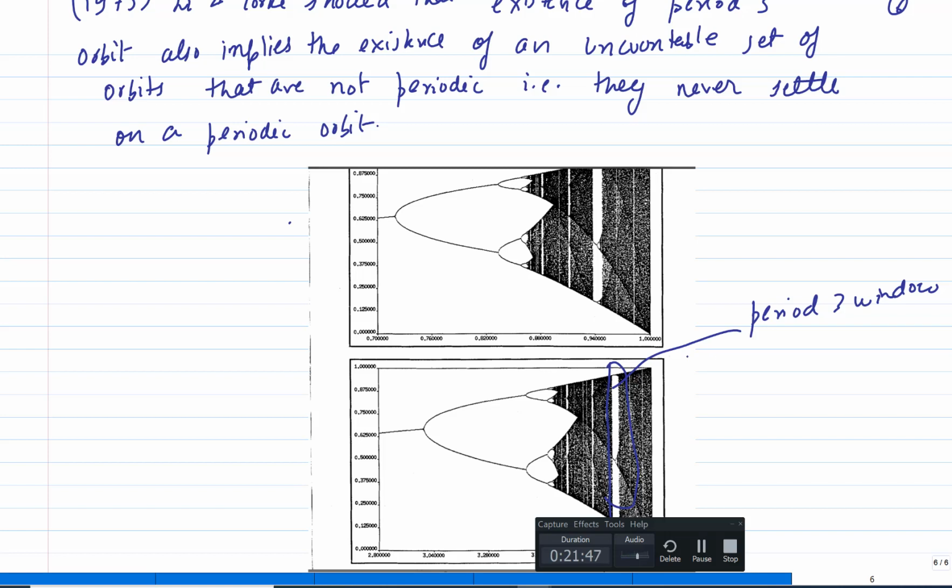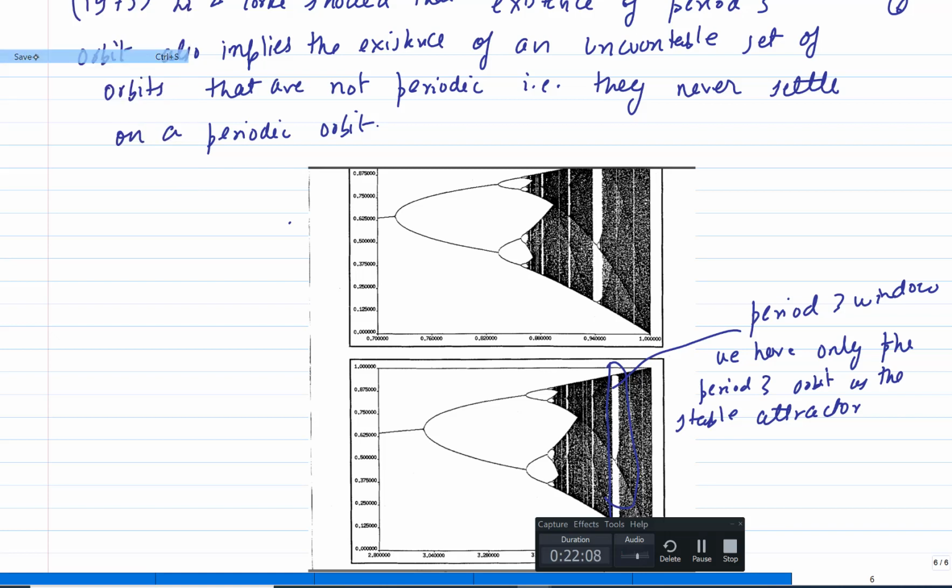Since we have only the period 3 orbit as the stable attractor, all these aperiodic trajectories are unstable.